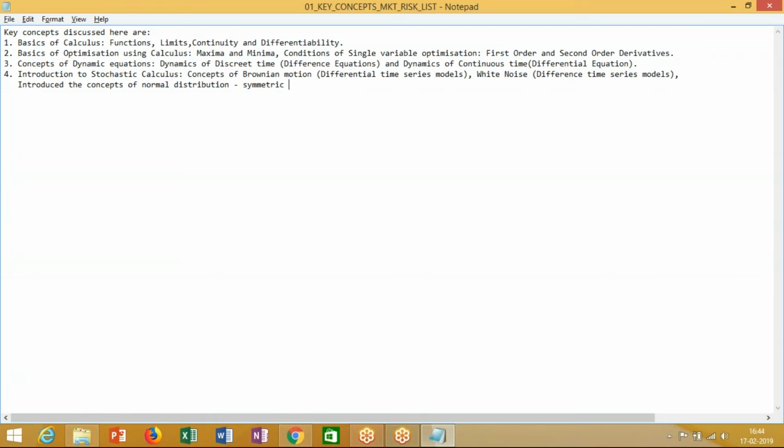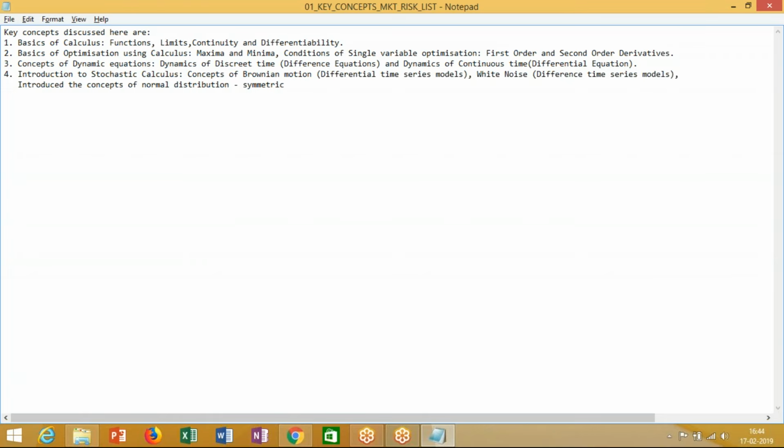We introduce it in order to bring in the cases of a symmetric distribution and to study the aspect where the symmetricity of the distribution converges to white noise. This is something which we looked up to in the last class, right?